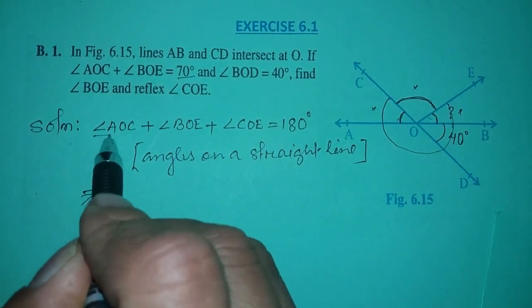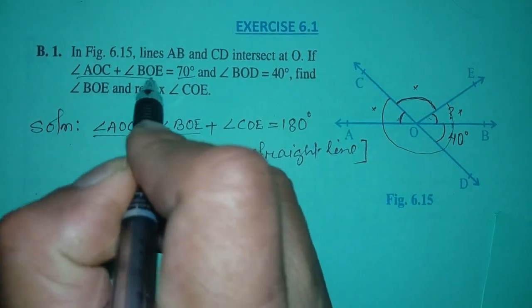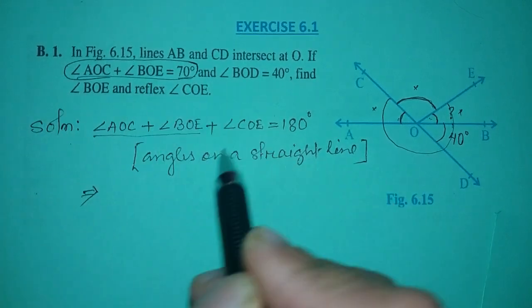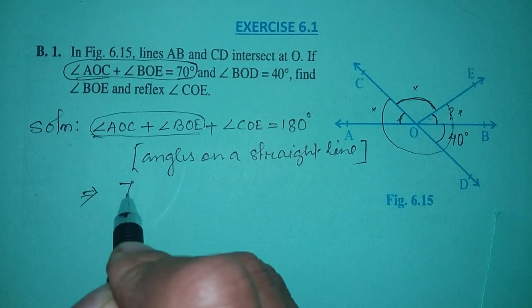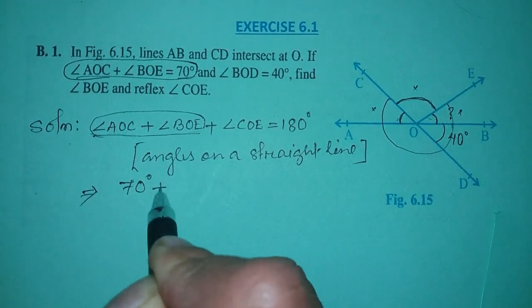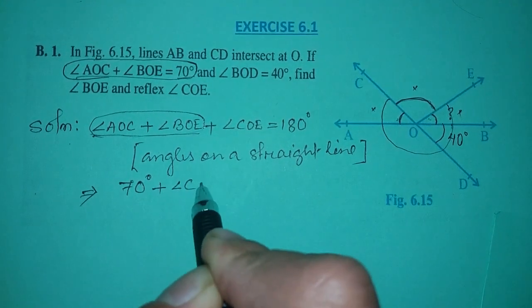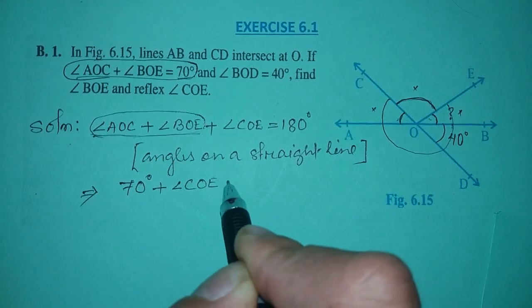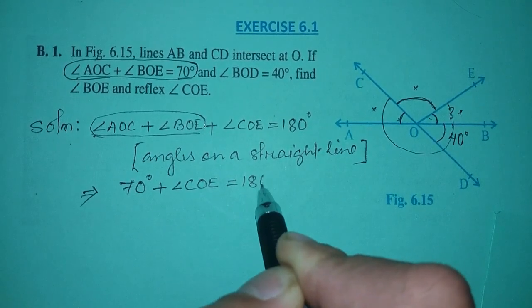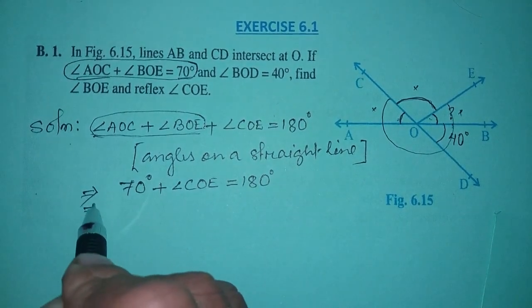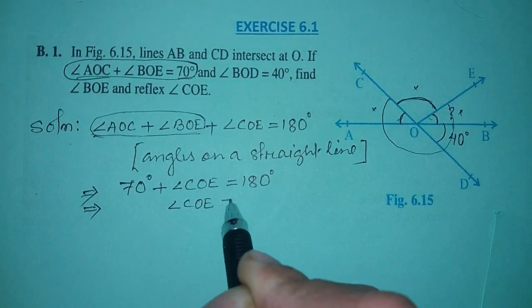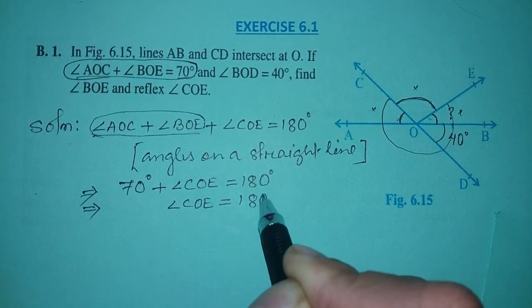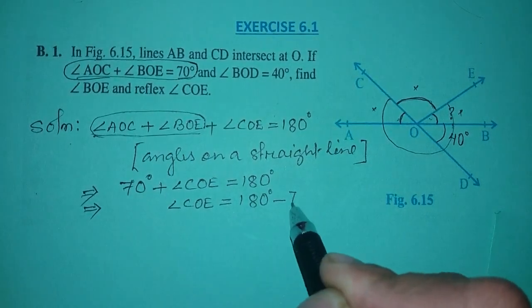Now this angle plus this angle, as it is given here, it is 70 degree. So angle AOC plus angle BOE is 70 degree, plus angle COE, is equal to 180 degree. Now we transpose the 70 to the right hand side, we get COE is equal to 180 degree minus 70 degree.